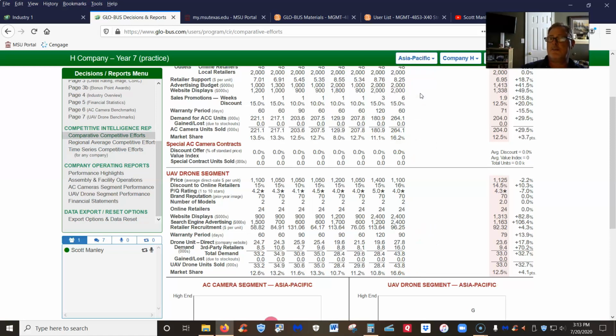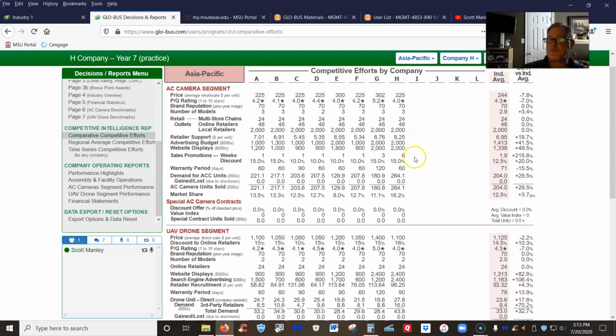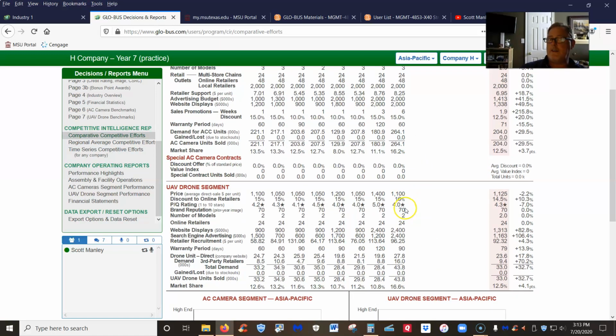Asia Pacific, 16.2% and 16.6%. Okay, despite the fact that I went up on the price in Asia Pacific and Latin America. If you'll recall, the price last year, or in year 5, was $10.50. So I went up to $11.00.